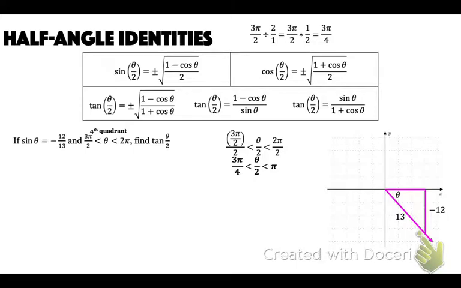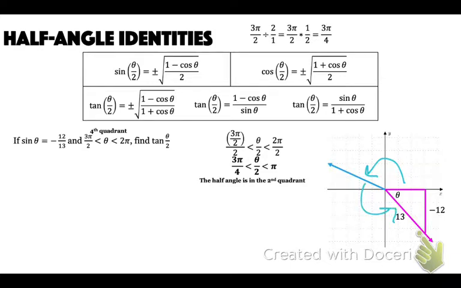So theta over 2 is between 3 pi fourths and pi, which is in the second quadrant. So that means the half angle is in the second quadrant, which kind of makes sense, because this would be half of the rotation, and this is the other half of the rotation to get there.